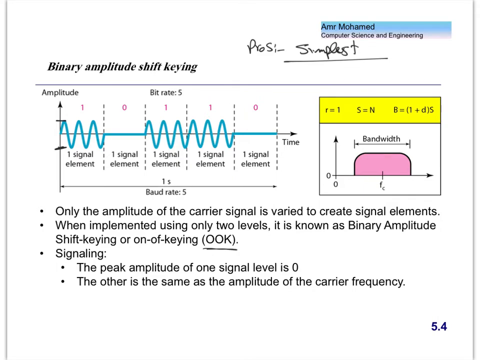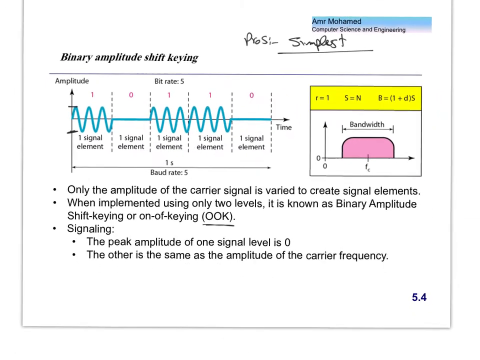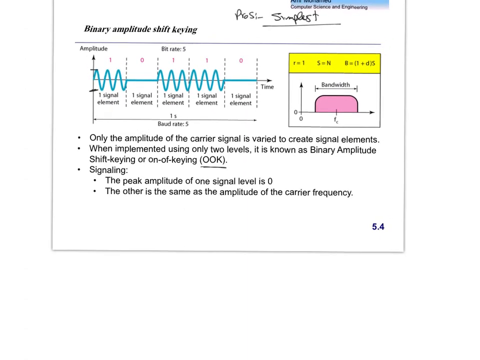So in terms of bandwidth, as we said in the previous chapter, the bandwidth, or the signal rate, is n times 1 over r.